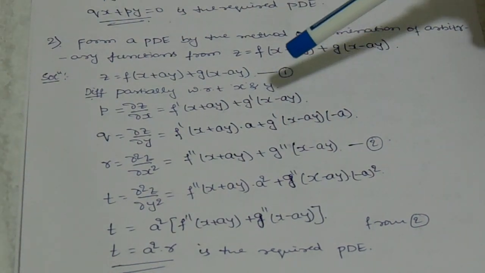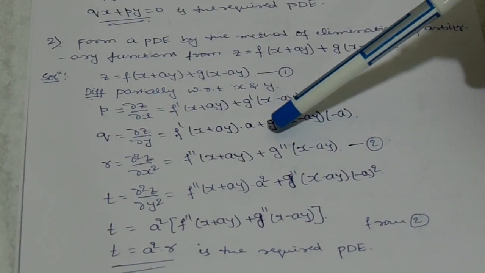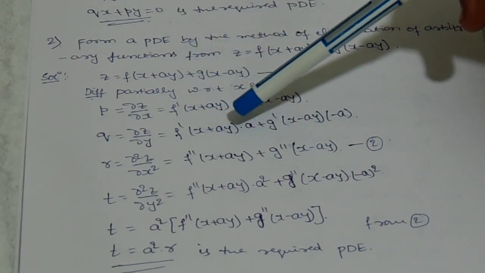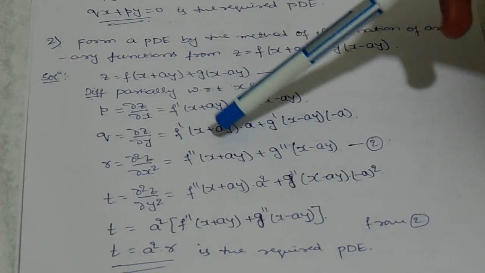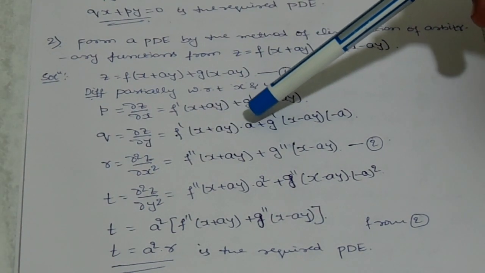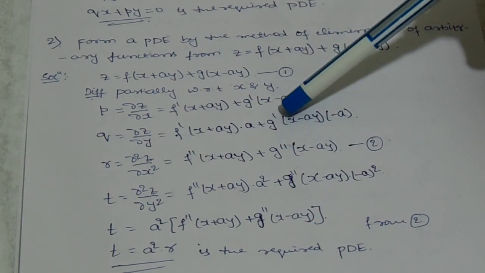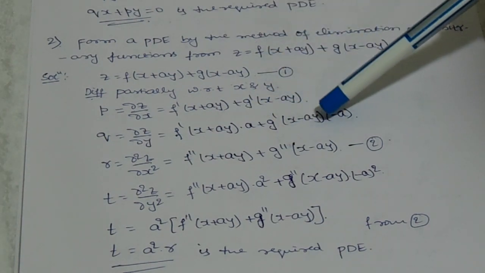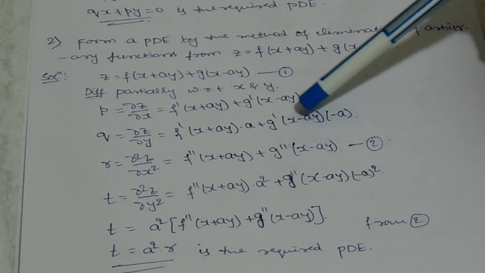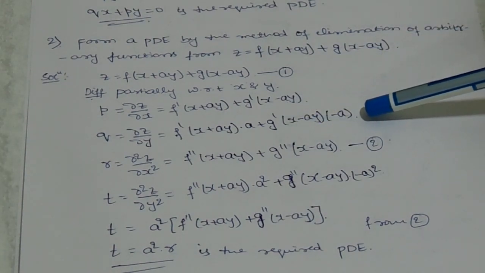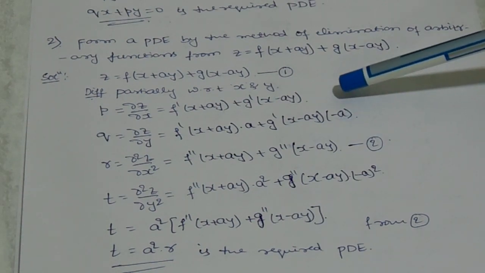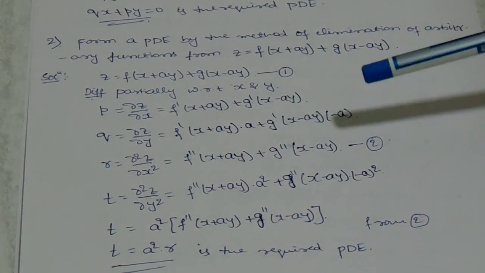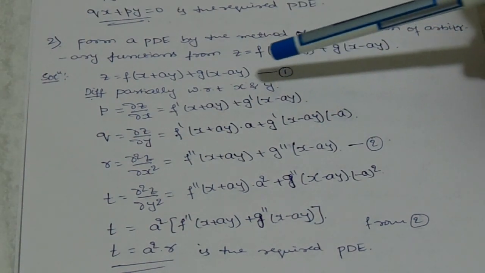Differentiate equation 1 partially with respect to y: f dash of x plus ay into a, plus g dash of x minus ay into minus a.